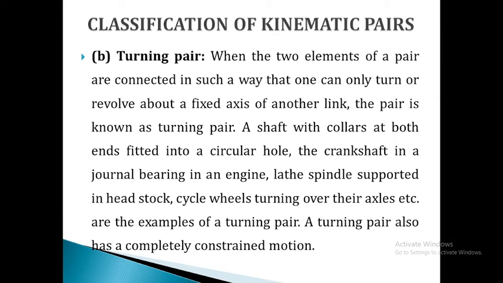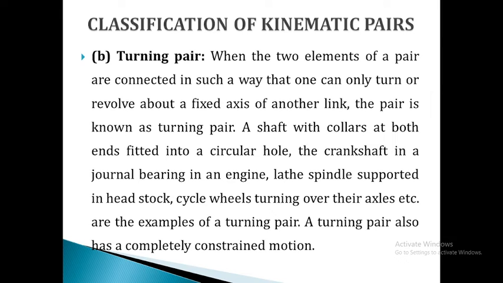A shaft with collars at both ends fitted into a circular hole is an example of turning pair. The crankshaft in a journal bearing in an engine is also a turning pair example. Lathe spindle supported in headstock is also another type of turning pair. Cycle wheels turning over their axles, etc., are examples of a turning pair.